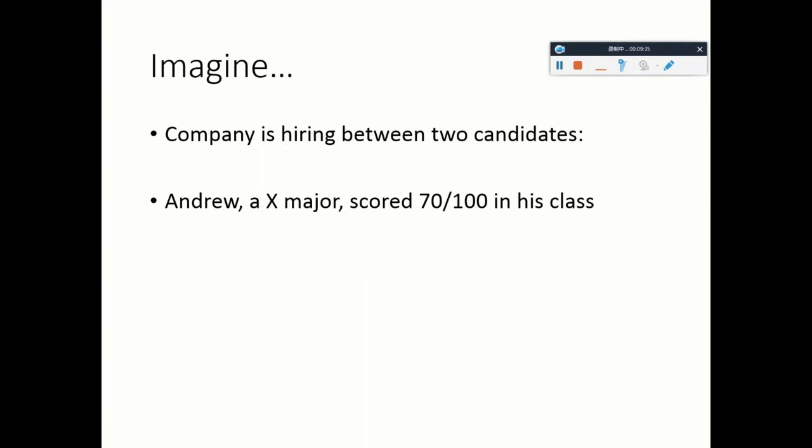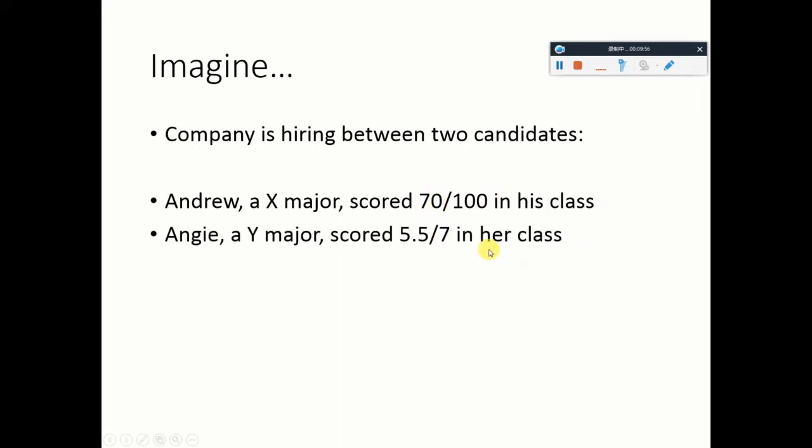Doesn't matter what it is. He has his bachelor's degree, and overall, this is his score in his class out of 100. You can imagine this as Andrew's average, right, across all those years of undergraduate schools, 70 out of 100.